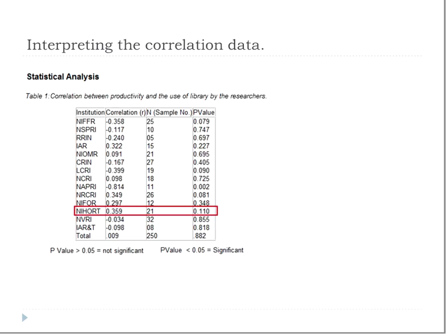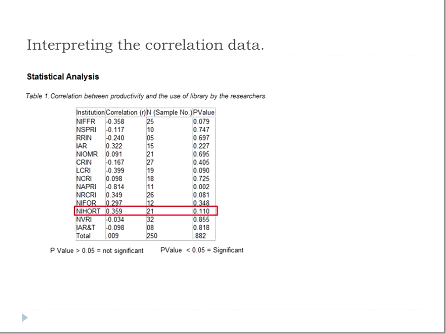If you get out your correlation value chart, you'll see that that 0.359 is hovering right around a 0.30, and that's a weak correlation. And if you look at the p-value on the right, 0.110 is way up above 0.05, so it's a weak correlation. It did not reach significance.